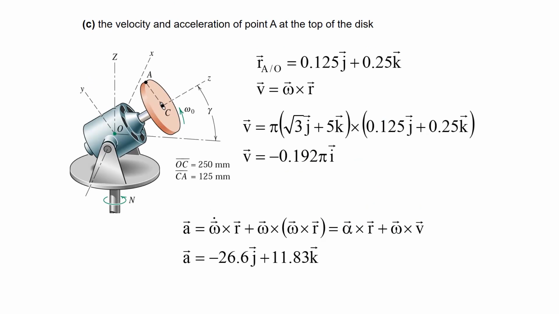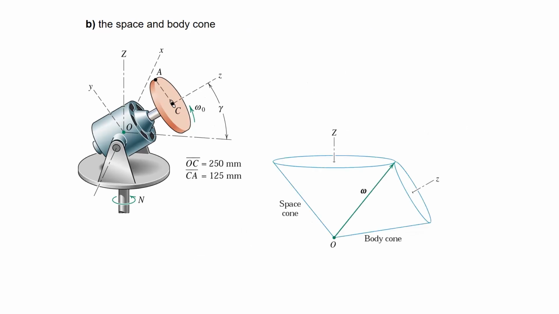Once you understand omega and alpha, in this particular case he asks you to find the linear velocity of point A. If you want to find the linear velocity of A, as usual, we simply say it is omega cross RA.